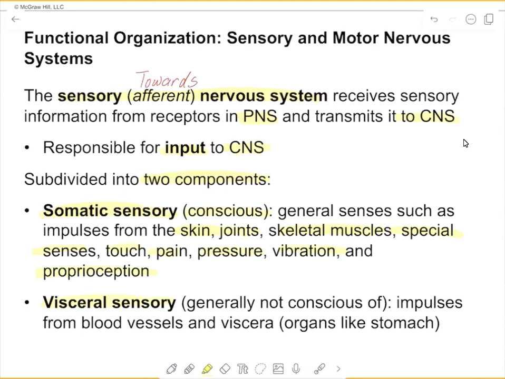It's called visceral because it's coming from organs, for example, blood vessels or viscera, organs like the stomach. So imagine a chemical receptor in your stomach is exciting a sensory nerve. The name of that sensory nerve is the visceral sensory nerve, and we are not conscious of it. It's automatically sending information to the brain.